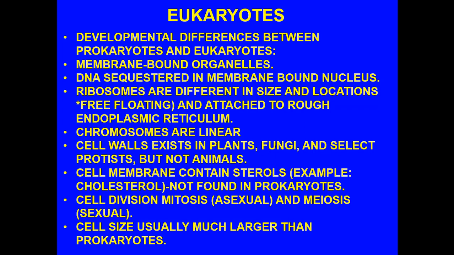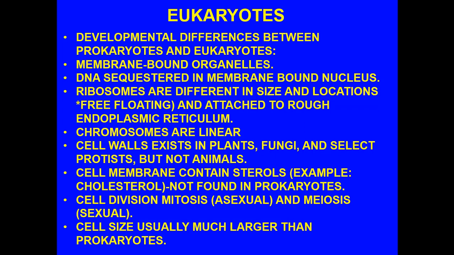Rather, the eukaryotes have chromosomes that are linear. The cell walls may exist in plants, fungi, and select protists, but not in animals. The cell membrane of eukaryotes contains sterols. An example would be cholesterol, and that's not found in prokaryotes.